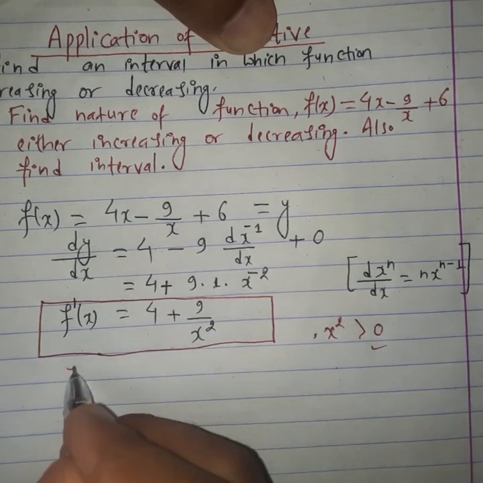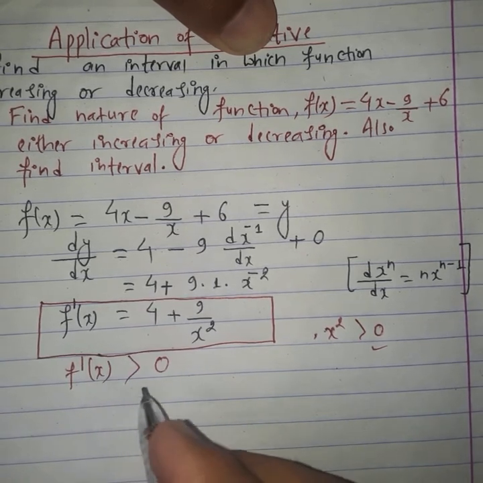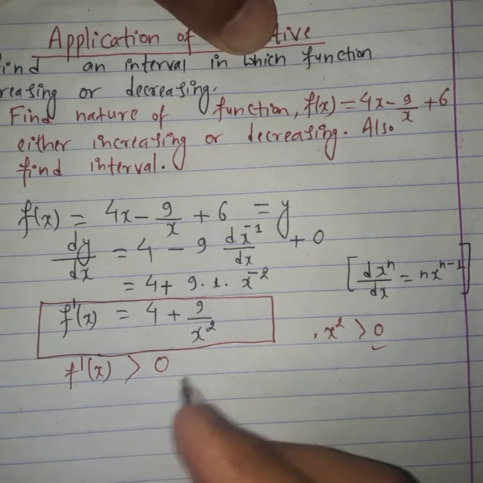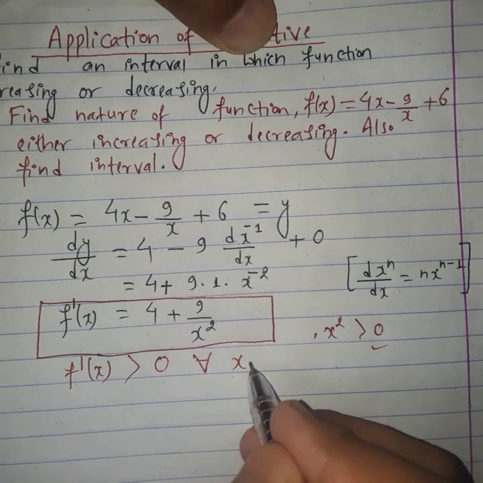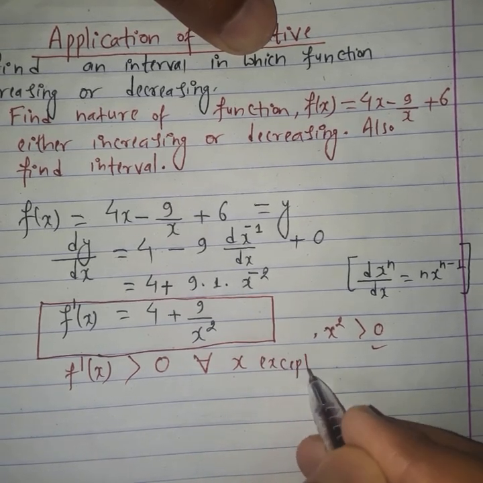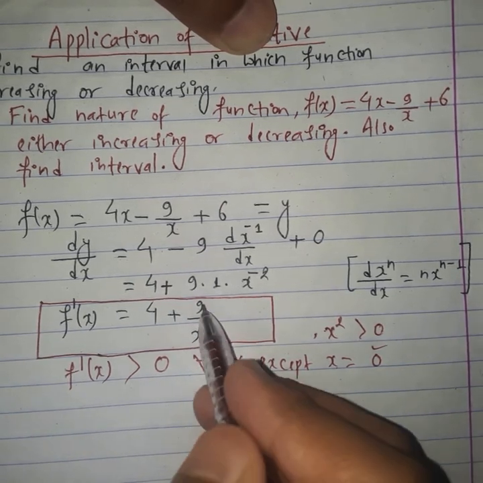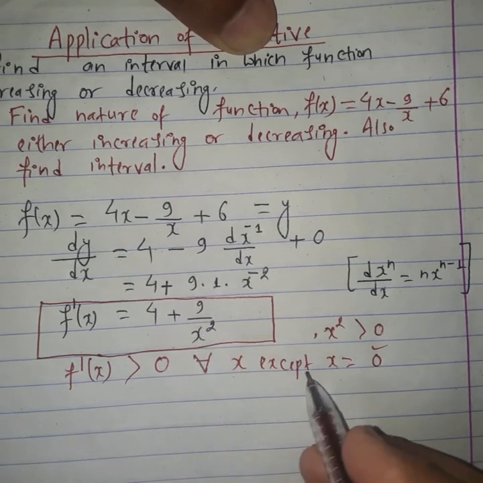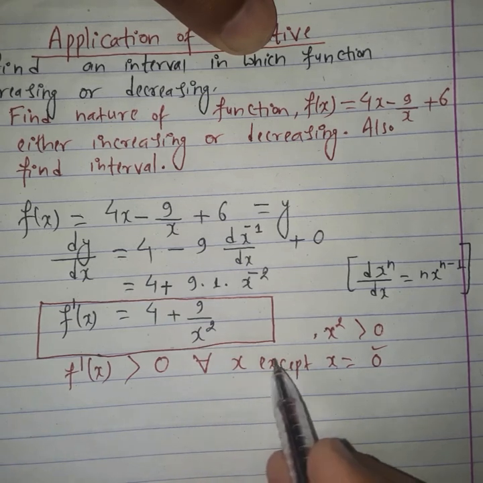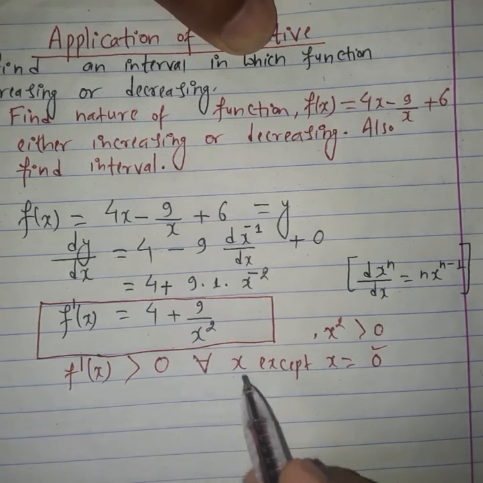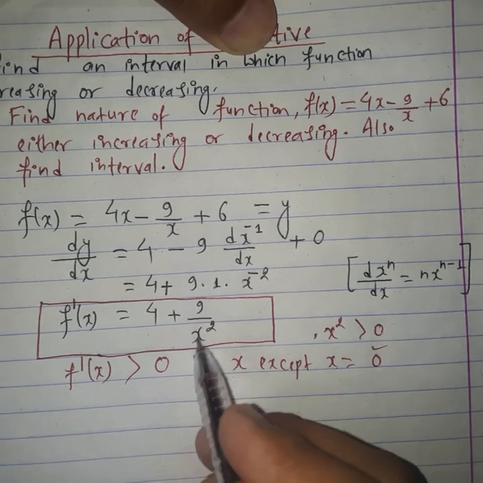So we can say that f prime of x is always positive, it cannot be 0, for all values of x except x equals 0. When we substitute the value of x as 0, the second term will be undefined, so we cannot take x as 0, and we can take all the values of x in the real number set except 0. And for all these values of x, this will be positive.